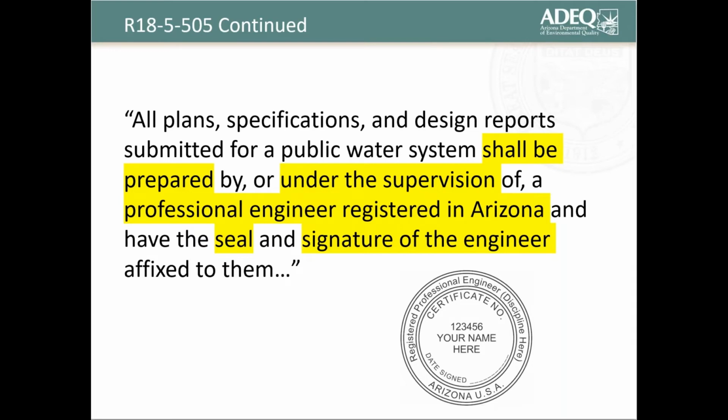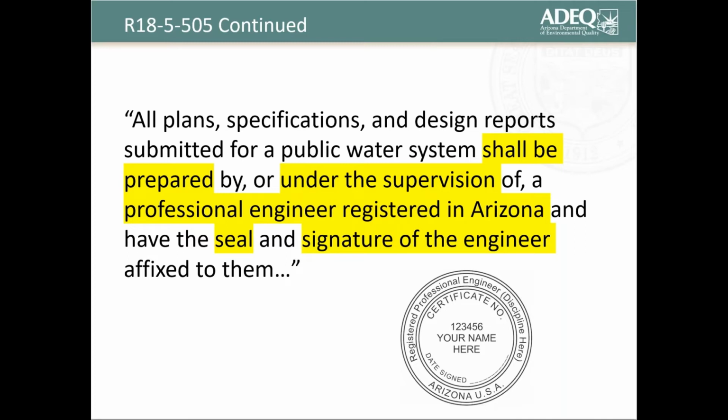Continuing on with the rule, the ATC application only requires the applicant and applicant's agent signature. Usually the applicant might be the public water system owner, and the applicant's agent is usually a consultant. The construction plans and design report require the professional engineer's seal and signature.